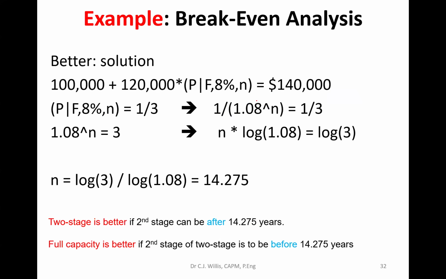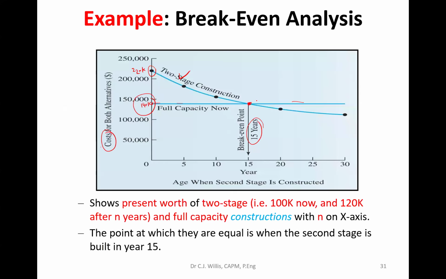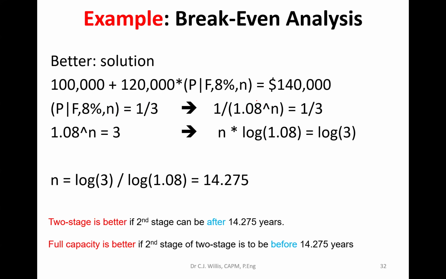So what is that n you want to find out, at which both are exactly equal, for example, equal to 140. So take this one. I can use my formula. This is the given future value. This is the present. You know the formula, right? P equals F divided by (1 plus i) to the power n.